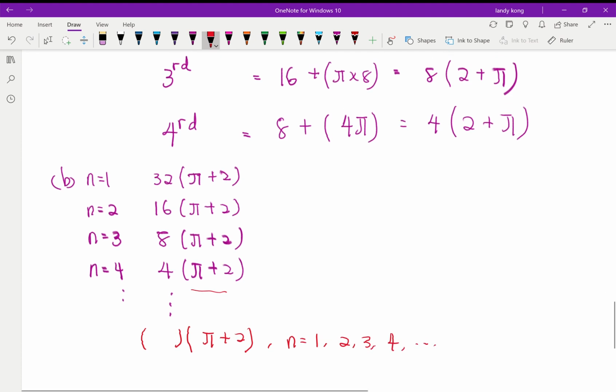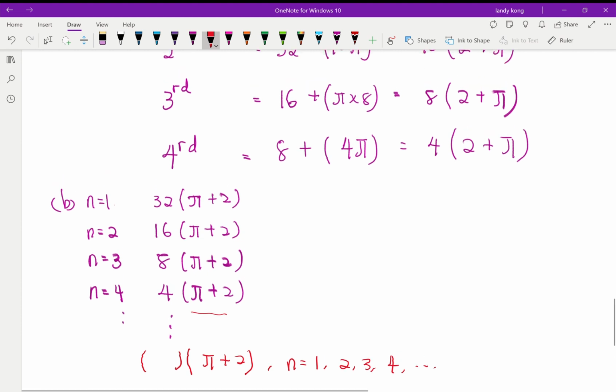So we see how 1 becomes 32, how 2 becomes 16, how this one becomes 8, how this one becomes 4.